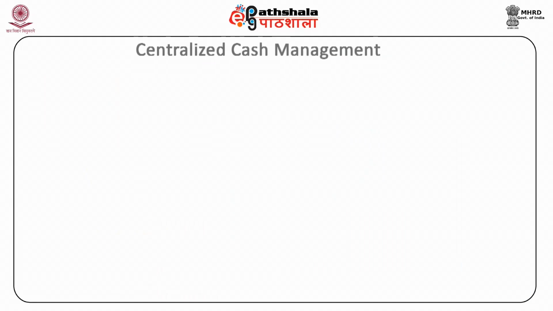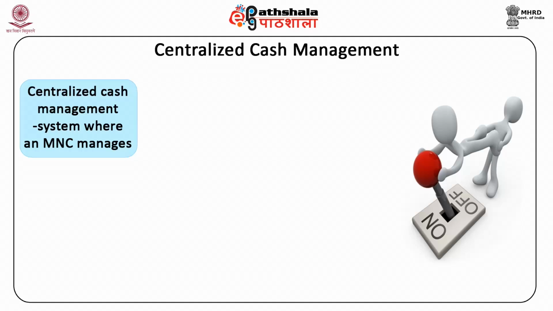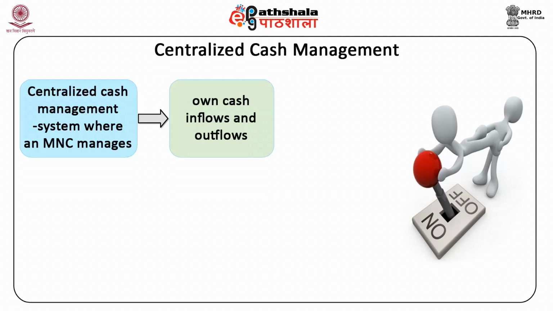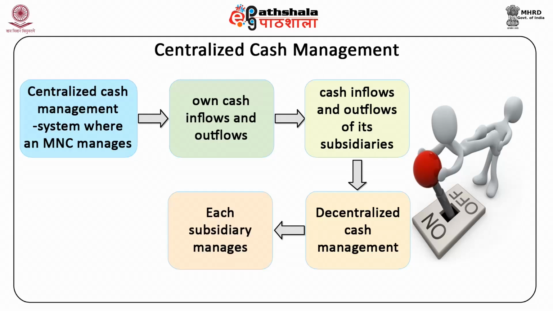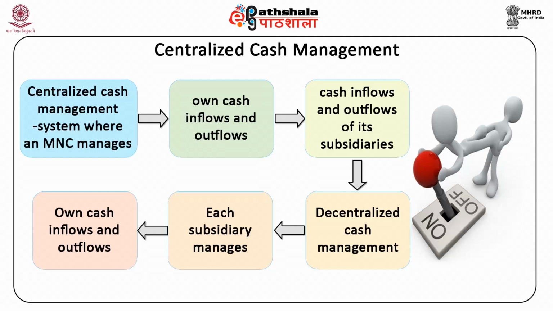We will discuss here centralized cash management. Centralized cash management is the system where an MNC manages its own cash inflows and outflows as well as the cash inflows and outflows of its subsidiaries. Whereas in decentralized cash management, each subsidiary manages its own cash inflows and outflows.